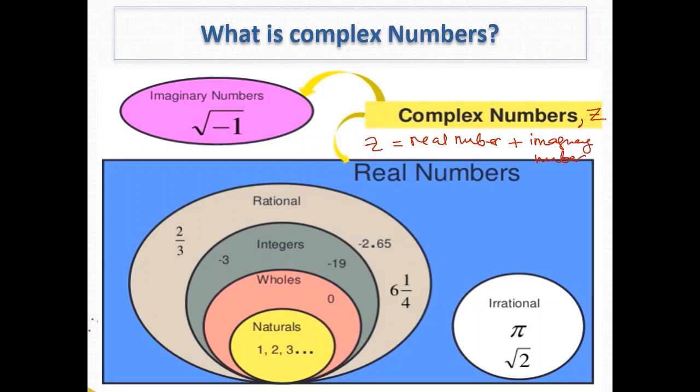The real number can be any of these numbers, while the imaginary number is the multiplication of a real number with the square root of -1, which we can represent using i or j.